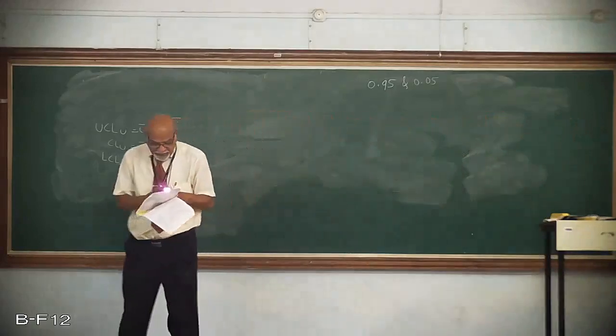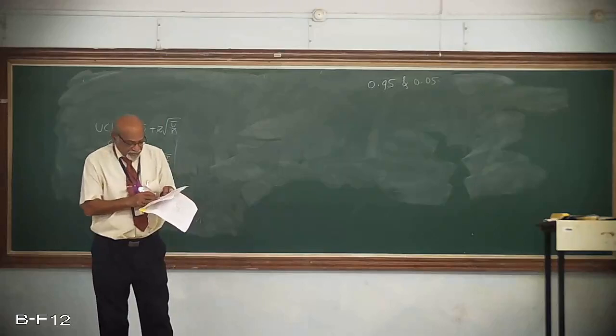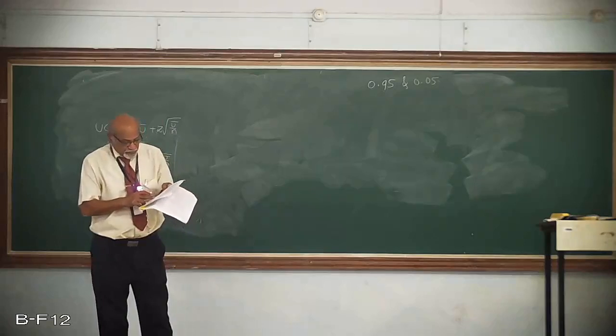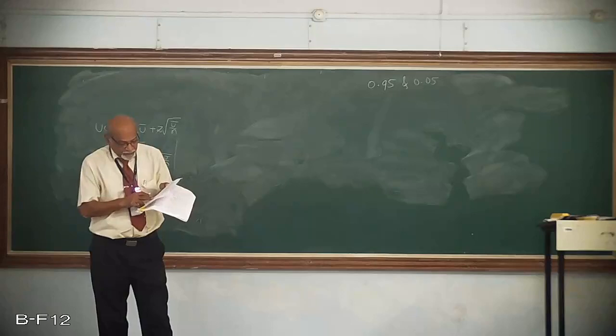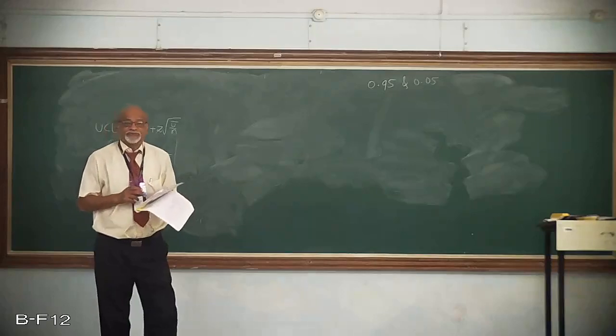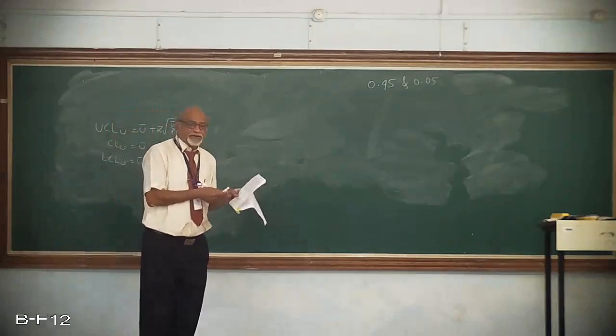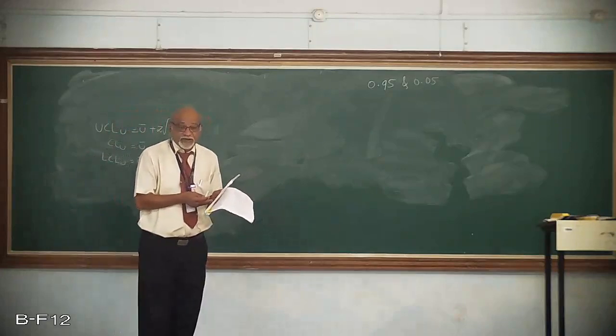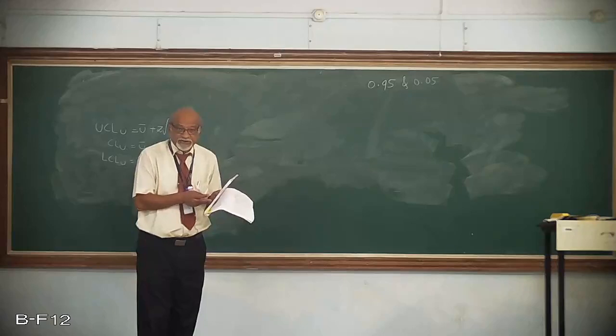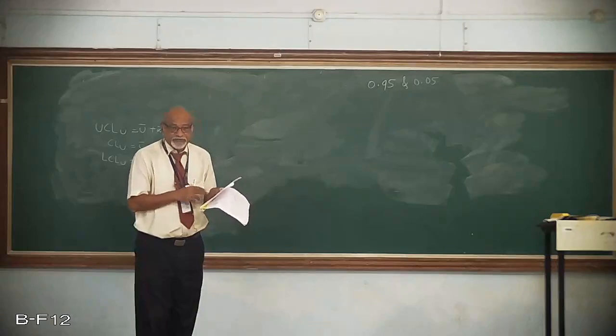I look at plus 1.6 and go for the area 0.95, but I don't get exactly 0.95. I get the area either 0.9495 or 0.9505. This gives you some chance for learning how we should refer to this table. I wanted exactly 0.95 and I'm not getting it, so interpolation will be done.